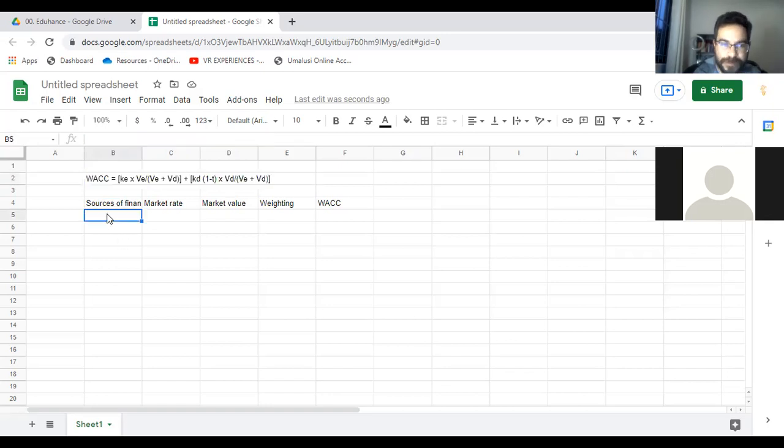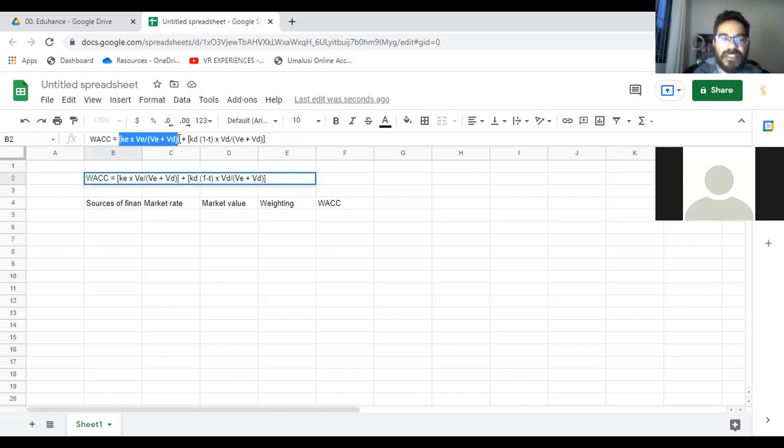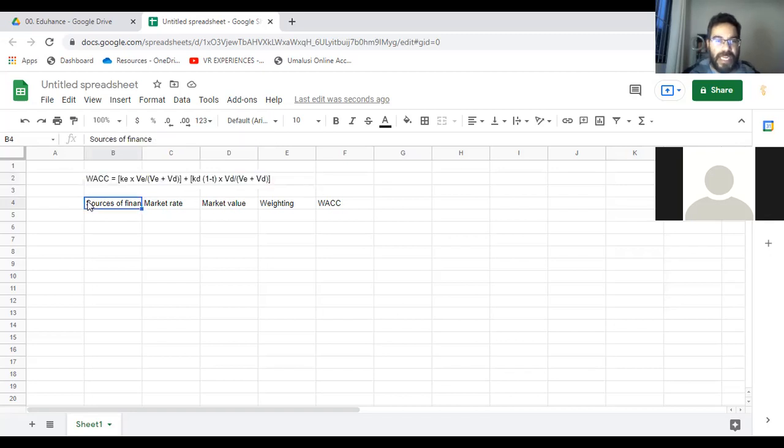Over here, we're going to put in the specific equity and the specific debt, but there's no need to write that formula out for each equity and each debt. This is a general formula to show that we need the source of finance for equity and we need the source of finance for debt. Okay, so that is your source of finance.